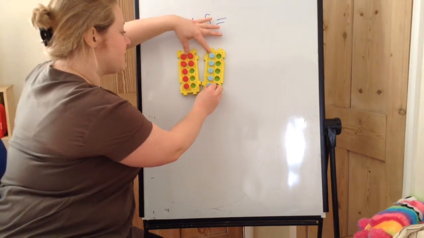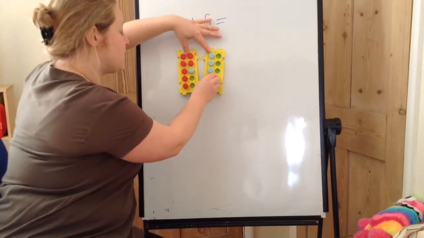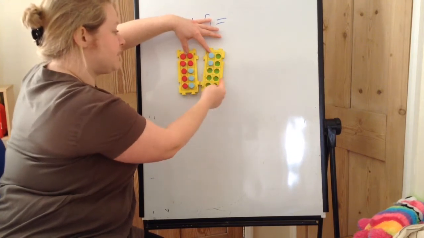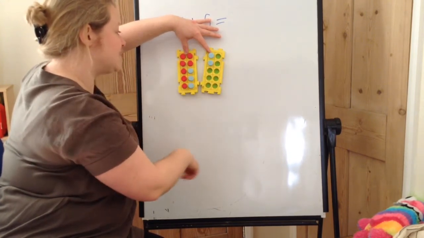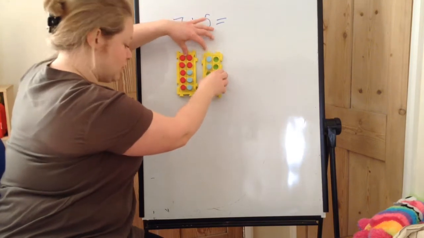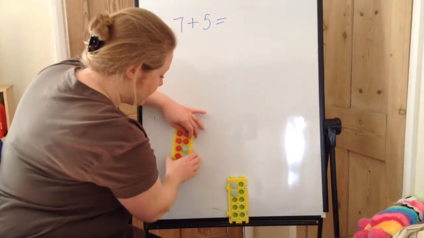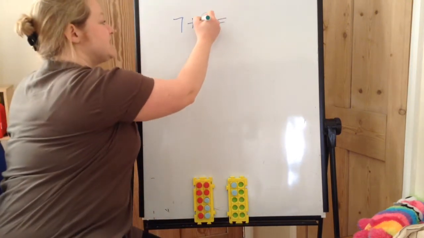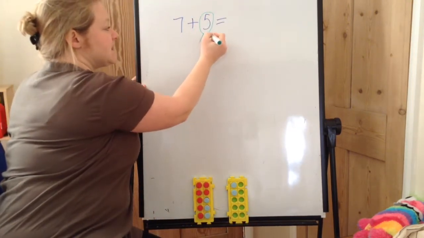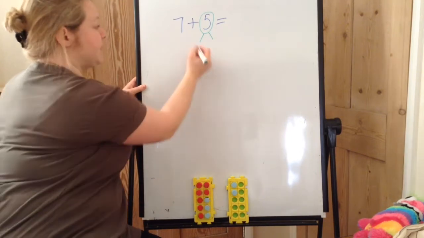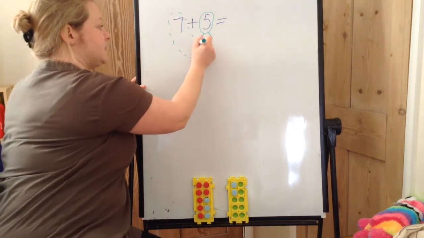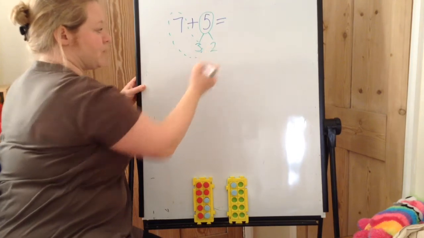So the children are really familiar with doing this, but we move across 3 from the 5 to rearrange our number into 10 add 2, because they're really good at place value and they have a good understanding of what 10 add 2 is. So what we've actually done is we've partitioned our 5 into 3, because these two go together to make 10, and 2 more.